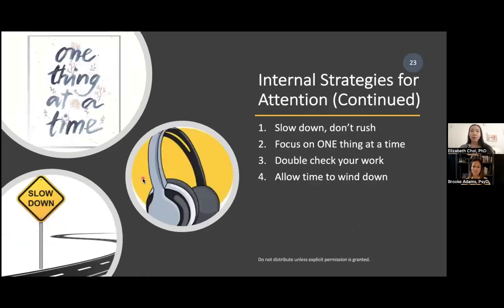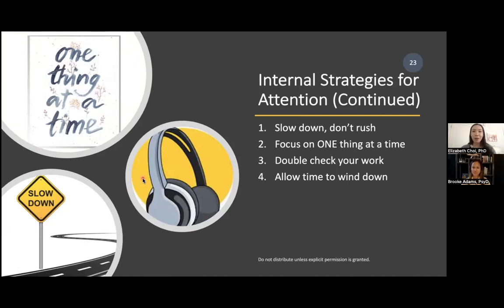And here are some also helpful reminders when you notice that our attention is slipping away. So a good one is to remind ourselves to slow down and don't rush. Based on our understanding of how attention works from a biology point of view, we know that we can only focus on one thing at a time, right? So we can remind ourselves to do that. And some people like to print it out on a beautiful wall art.